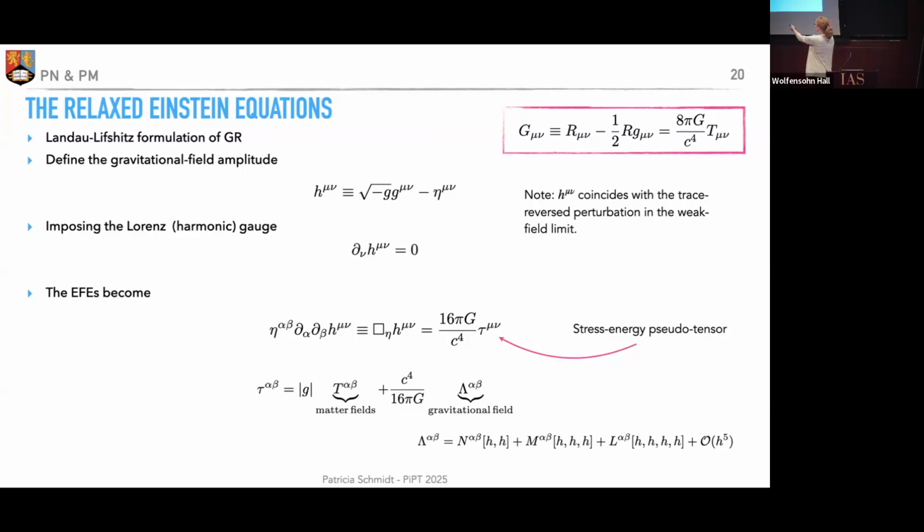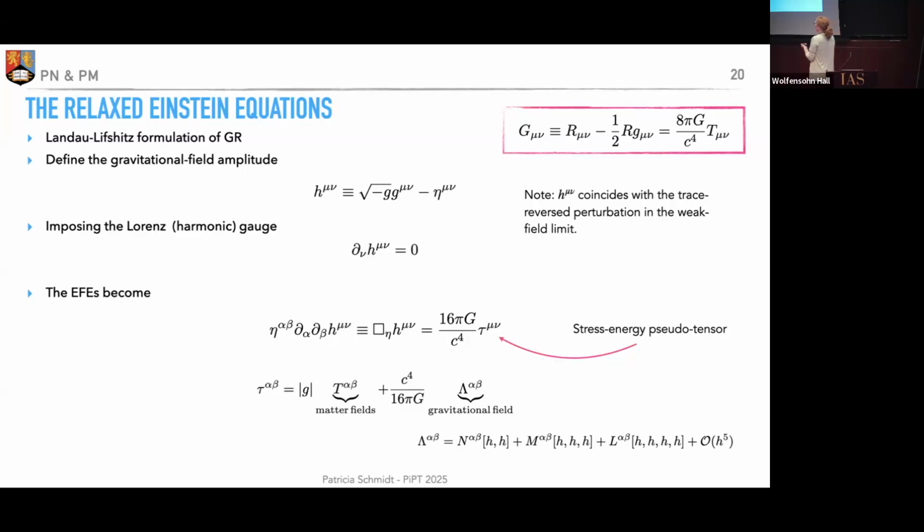So we have the D'Alembert of this h mu nu equals 16 pi G over c to the 4th, and then we have a new stress energy tensor on the right-hand side, which is now tau mu nu, and that's in fact a pseudo stress energy tensor. Why?